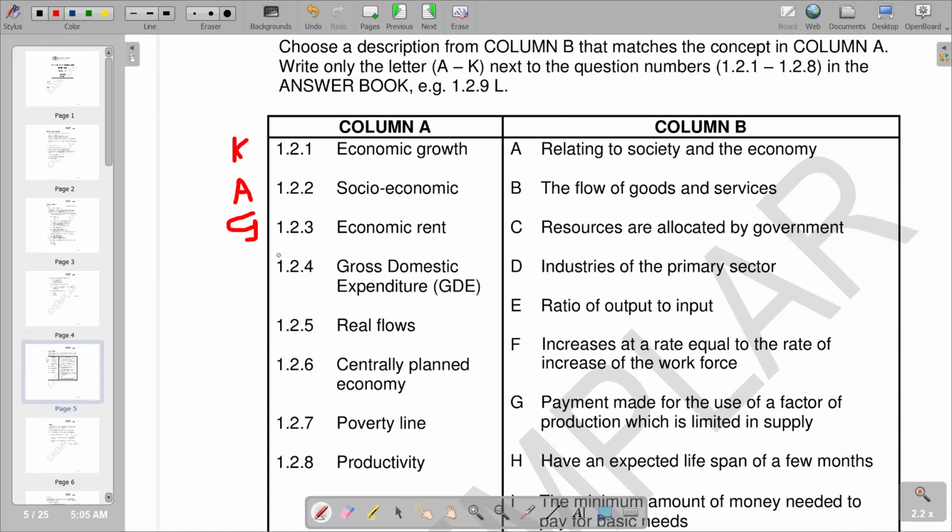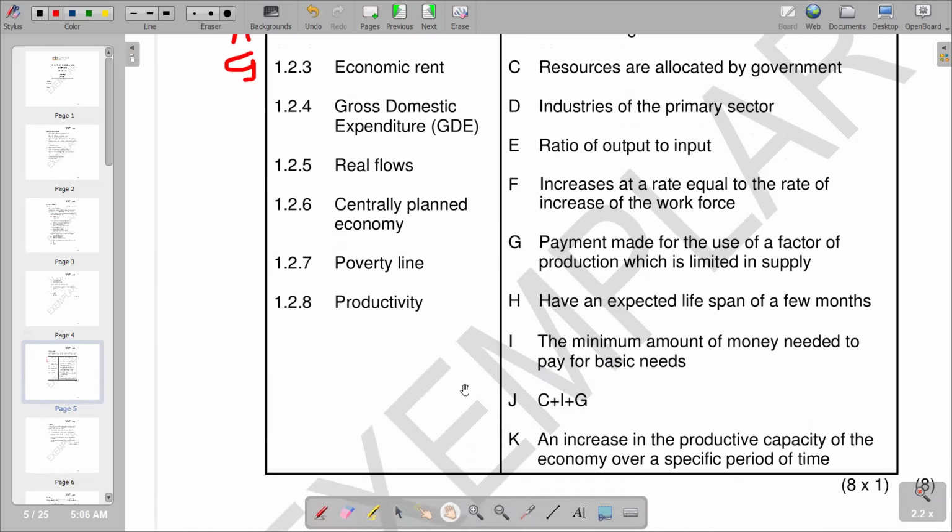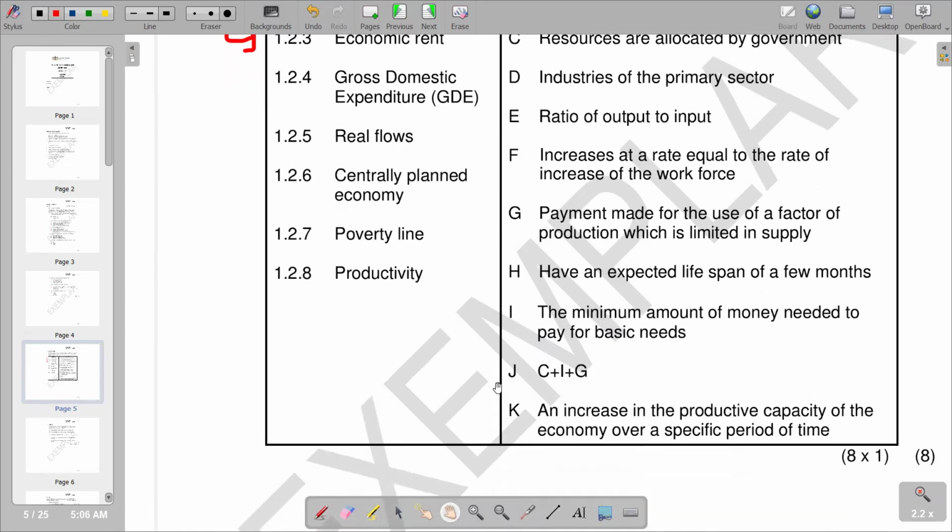Next we've got gross domestic expenditure. We know that this is expenditure on the goods that have been produced in the economy. J describes gross domestic expenditure as C plus I plus G, whereby C stands for consumption, I for investment, and G for government expenditure.